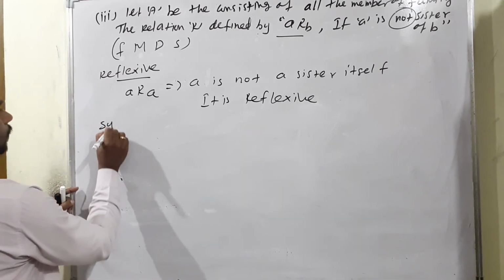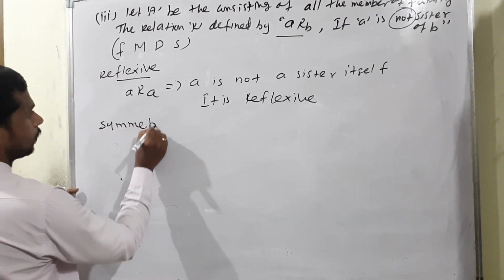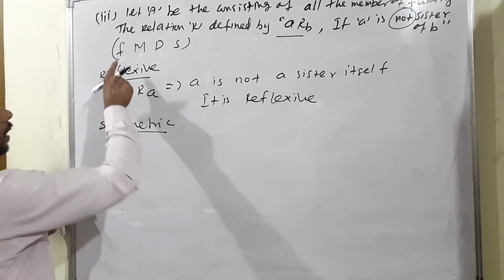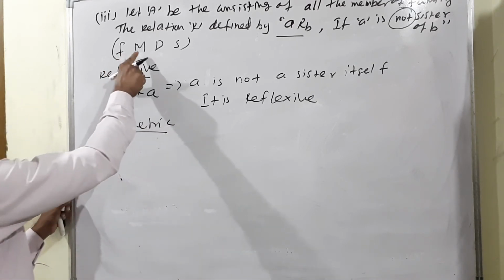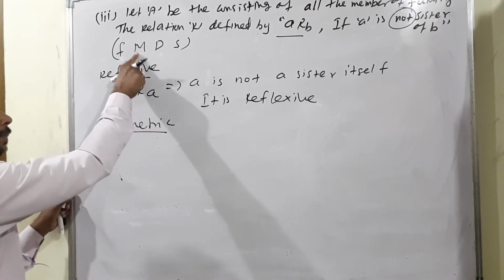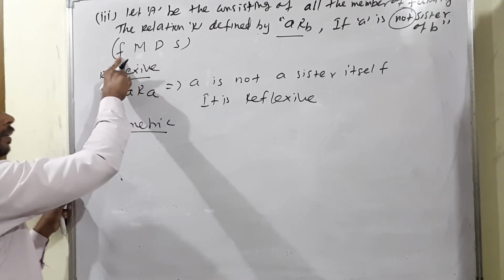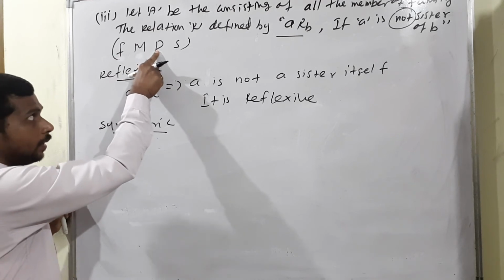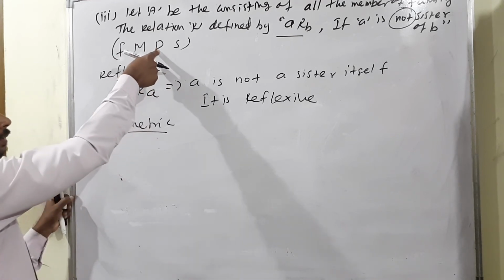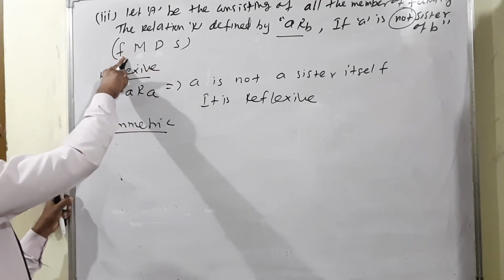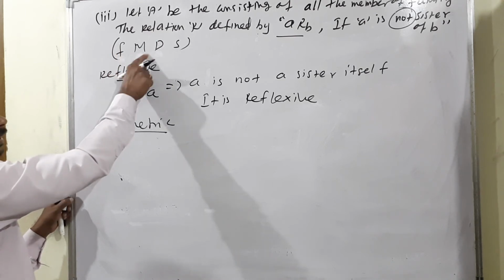Second term, symmetric. Consider: father is not a sister of mother. Mother is not a sister of daughter. At the same time, father is not a sister of daughter. At the same time, daughter is not a sister of father. The first three conditions are clear.